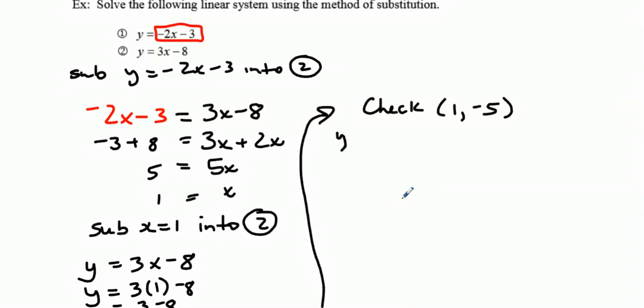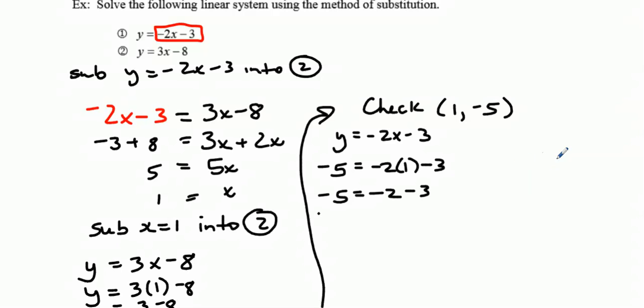So this is going to be y equals minus 2x minus 3. So let's just check the first one. So this is going to be negative 5. So I'm taking the negative 5 from here and putting it in here, equals negative 2 times 1 minus 3. So negative 5 equals negative 2 minus 3. Negative 5 equals negative 5.